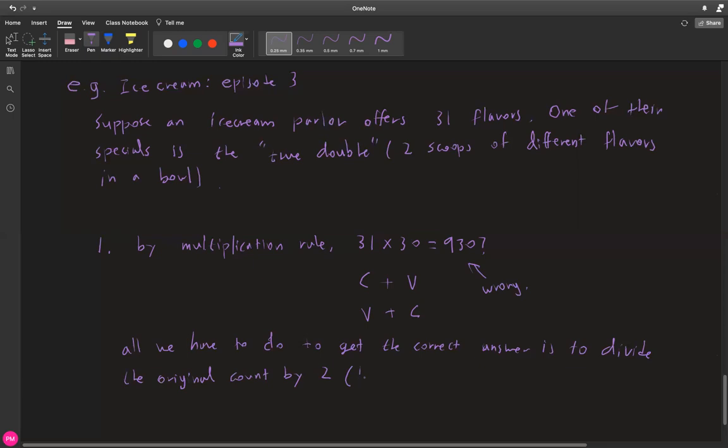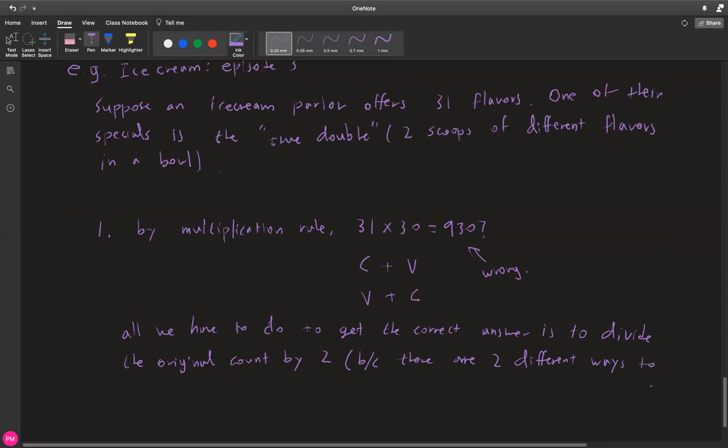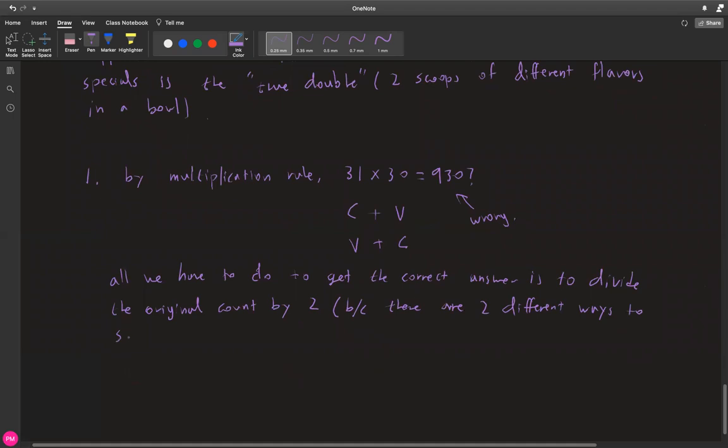This is because there are 2 different ways to serve two different flavors of ice cream.